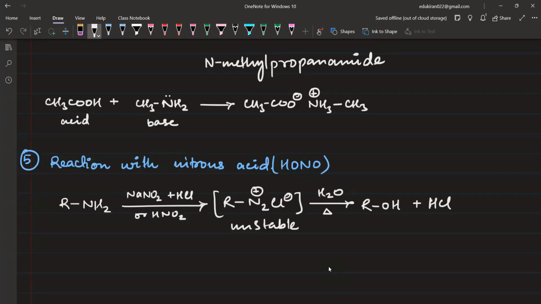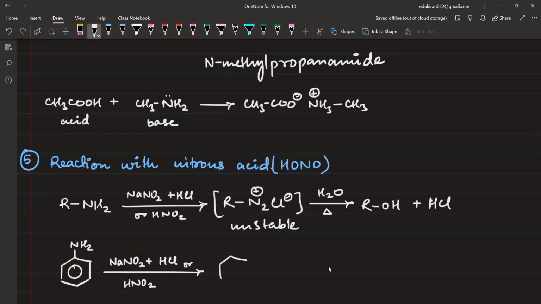But if the same thing happens with aromatic amines, treat this with the same reagent, NaNO2 and HCl, or HNO2, same thing.